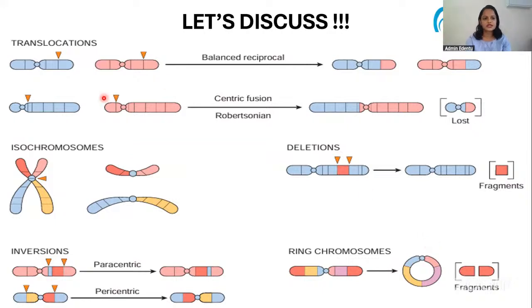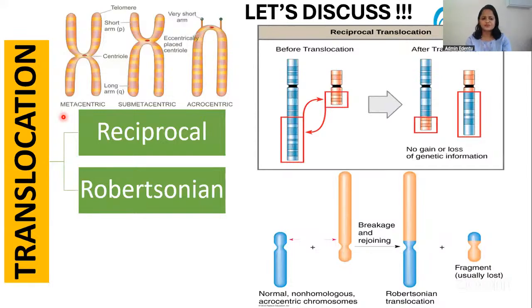One important thing is translocation. There are two types of translocation: balanced reciprocal translocation, and centric fusion or Robertsonian translocation. Let's see what these are.